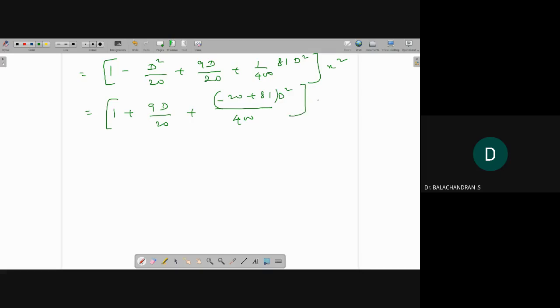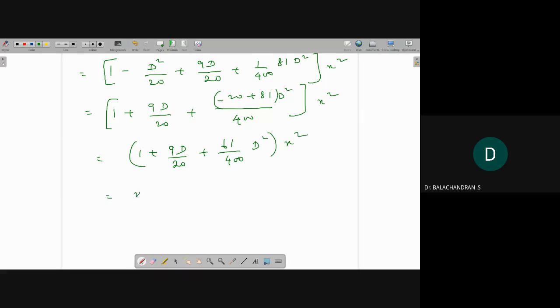Into x square. So you have 1 plus 9d by 20 plus 61 by 400 into d square, into x square. Now multiply by x square.